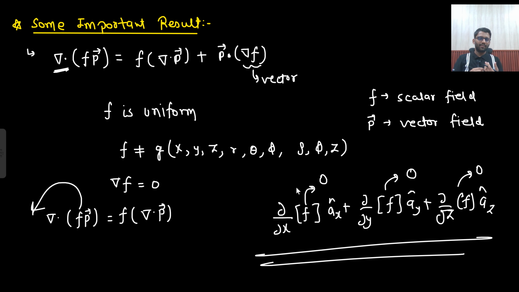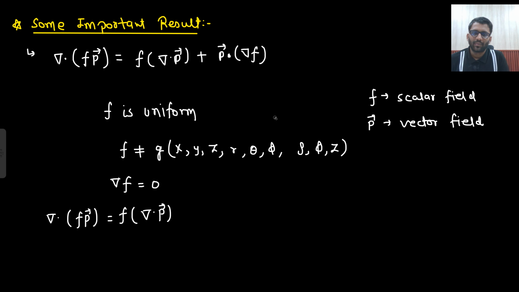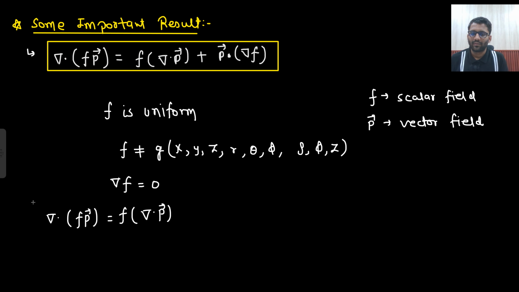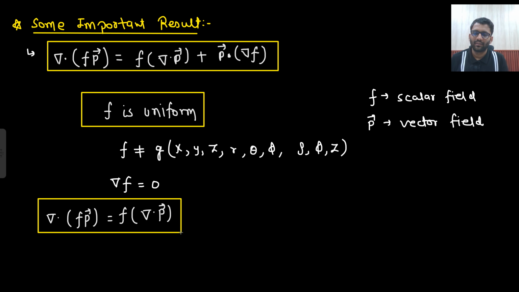Well and good. Okay, so yeah, these are the results. So I will just highlight what are the final things you need to remember. So this is what you need to remember. If f is uniform, then this will be the answer.